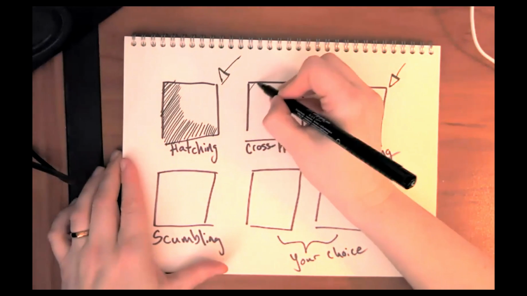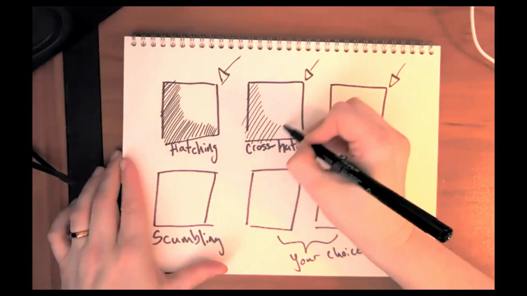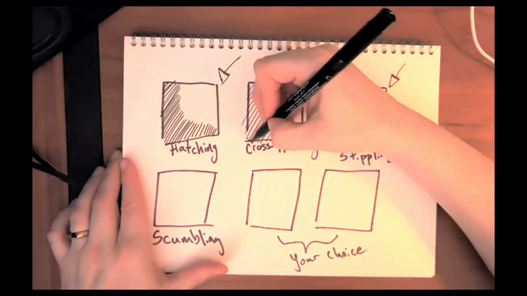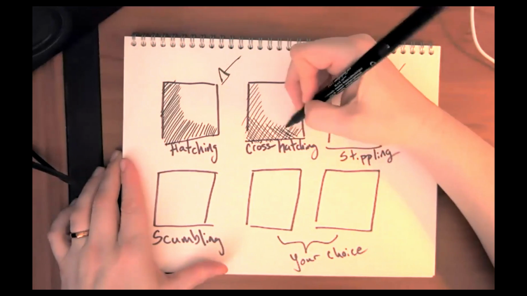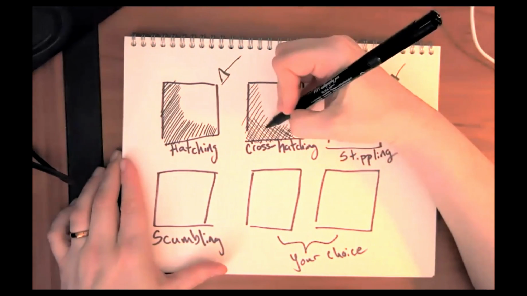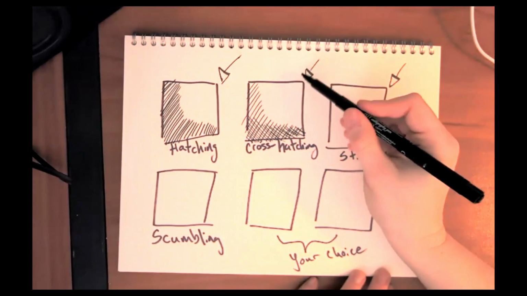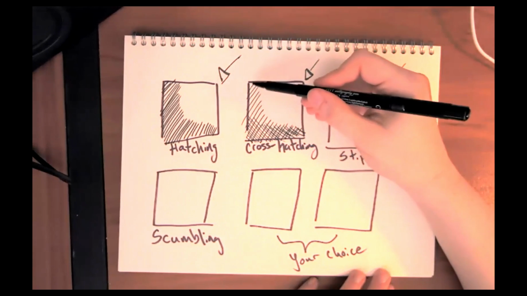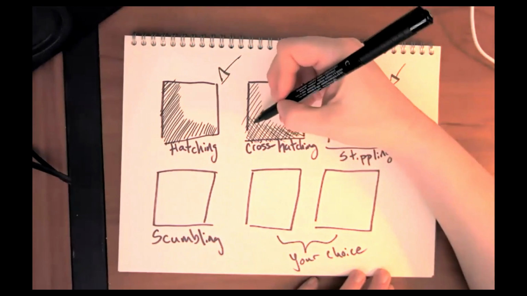Cross-hatching goes like this. It starts off like a regular hatching, but then you add an extra area to it, and that's why it's called cross-hatching. So now in this one, you can see the light is up here where there's nothing. It's a little bit shadowed over here, but it's a lot darker down there.